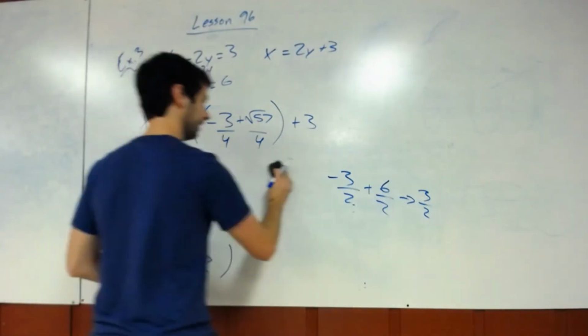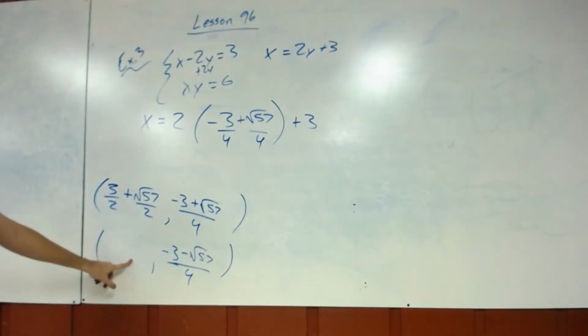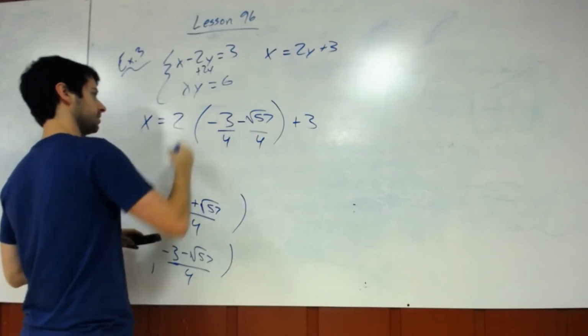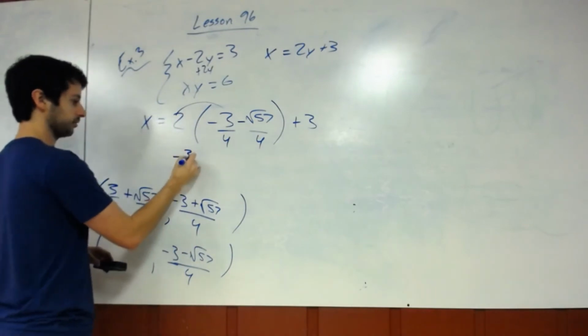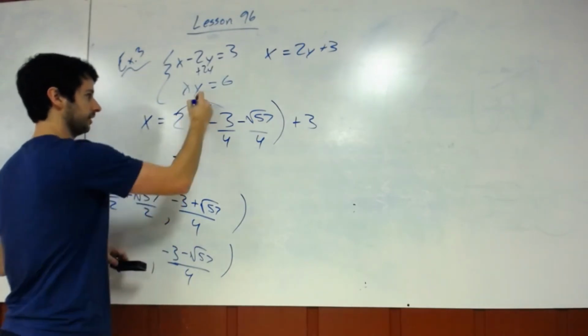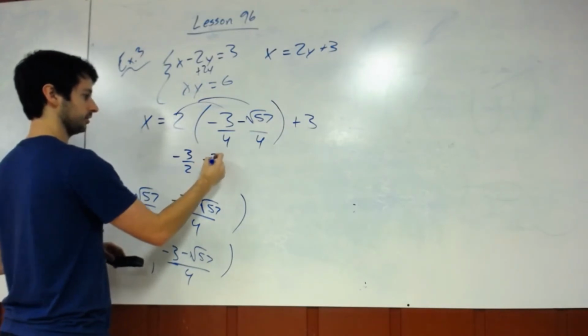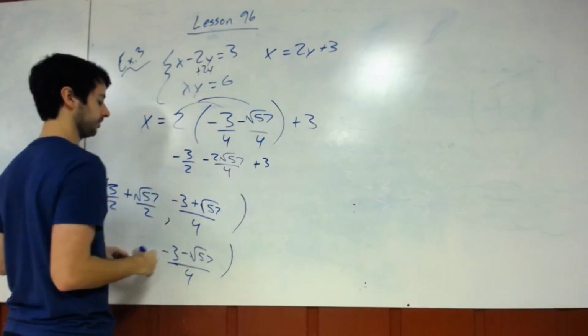Now we got to find the x for the other one. The only thing that changes is this is a negative. So when we multiply, we already know that this is going to be negative 3 over 2. We just did that. The only thing that changes really is this is going to be negative 2 radical 57 over 4, and then plus 3.